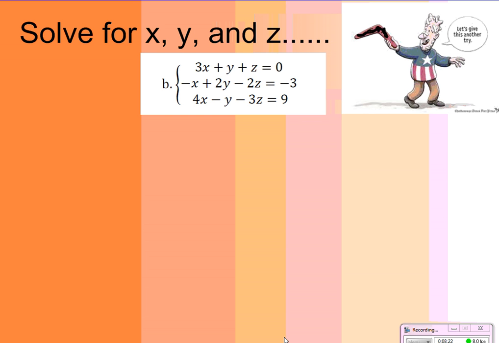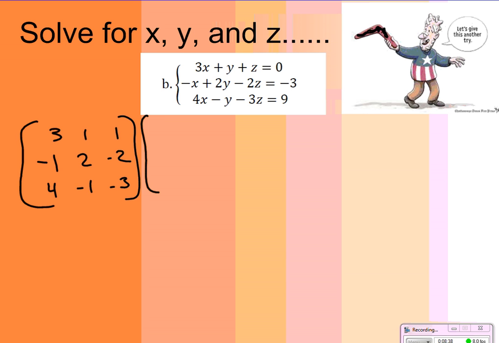There's a way to solve multiple systems called matrices, and here's kind of how matrices work. I'll give you the short version. Matrices say if I take just the coefficients, just what's in front of x, y, and z, I can rewrite this like this. X goes first, y goes second, z goes in the third column.